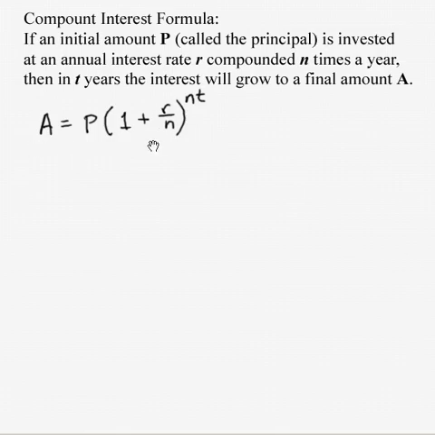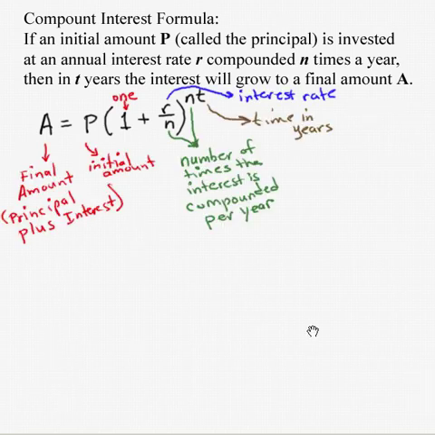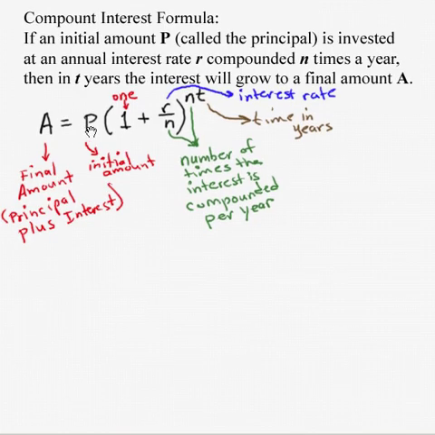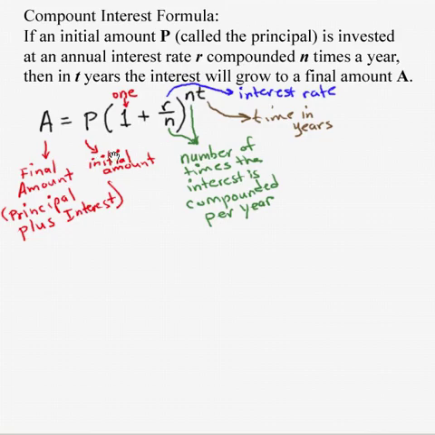And we don't have I here, how much interest. But we can find interest because interest is always the final amount minus the initial amount, which is principal. But again, it's very similar that on the right side of the equation, P is our initial amount, what we're starting with, our principal, how much we're investing, how much we're borrowing. A is the final amount, which is the principal plus the interest we're getting.